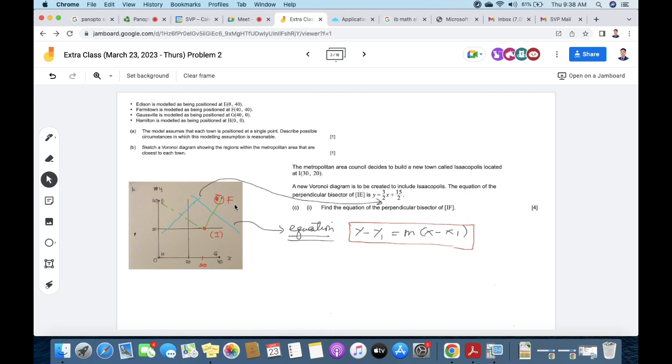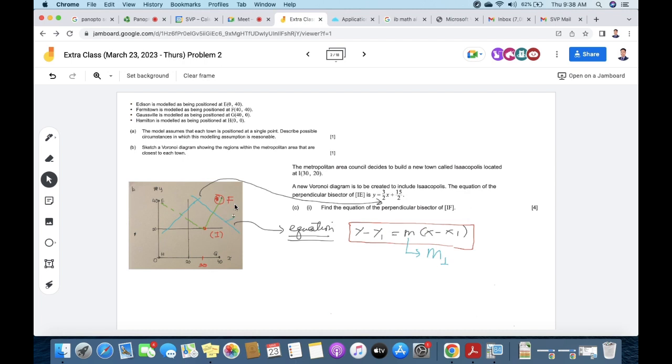Very good. We need to know the gradient. The question is, the gradient of what? Very good. We need to find the m of the perpendicular bisector. Not the gradient of IF, but the gradient of the perpendicular bisector. Since it's a perpendicular bisector, this line here must be perpendicular to IF.